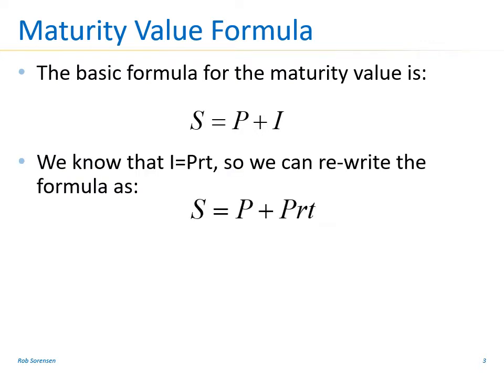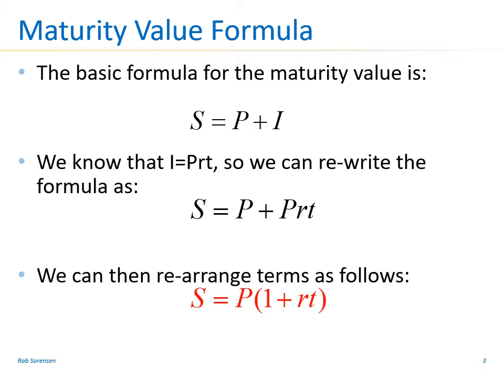Now you might think that looks a little more complicated, but we can go a little bit further than that as well because I can now take the P, write it by itself, and then it's called factoring the P out of there, and then see what's left over. And we end up with P times 1 plus RT. That 1 plus RT, by the way, in finance is called the accumulation factor.